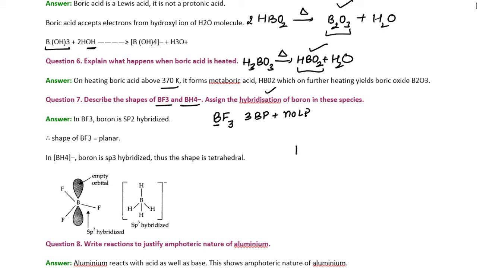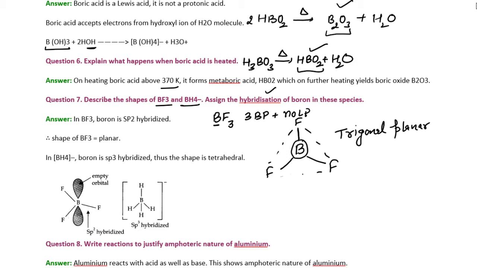That's why 3 bond pairs, no lone pair, so it has a trigonal planar shape, right? And what is the hybridization of boron? Boron forms 3 covalent bonds with fluorine, that's why hybridization is sp2. So in BF3, boron has sp2 hybridization and trigonal planar shape.